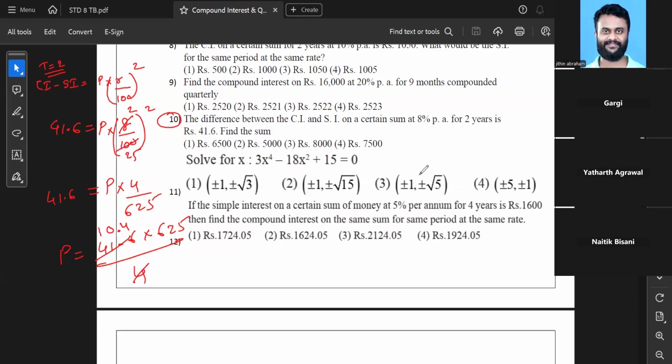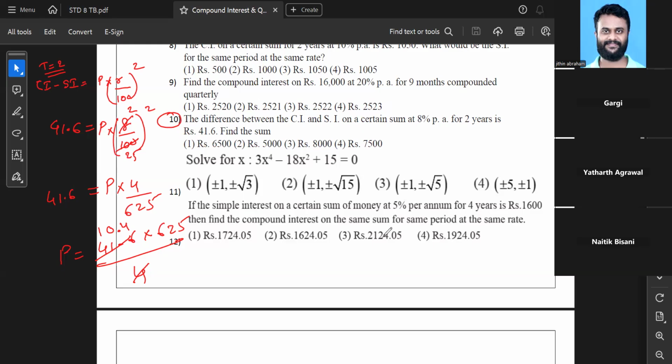I think it's 65. Wait, why do I feel... ठीक है, 6525 आना चाहिए, आंसर, but ऑप्शन में तो है नहीं 6525. The procedure is also correct. इसका इंटरेस्ट जितना है उसका एक और बार इंटरेस्ट लिया.